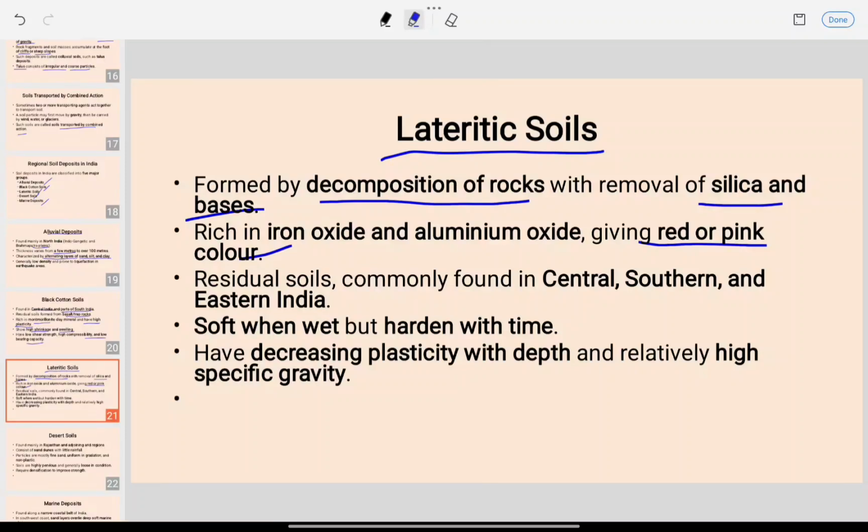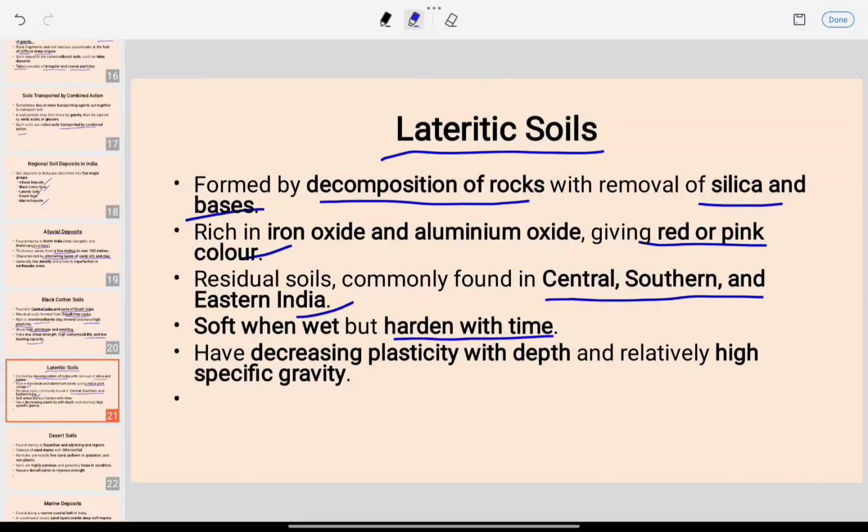These are residual soils and are commonly found in central, southern and eastern India, especially in regions with high temperature and rainfall.